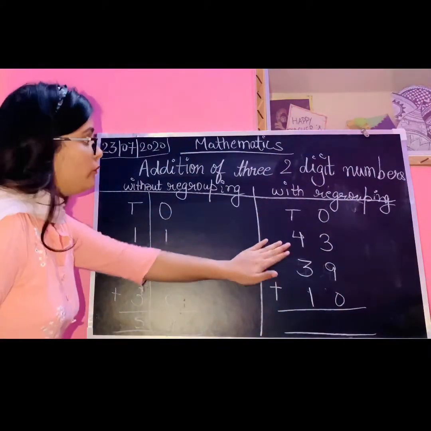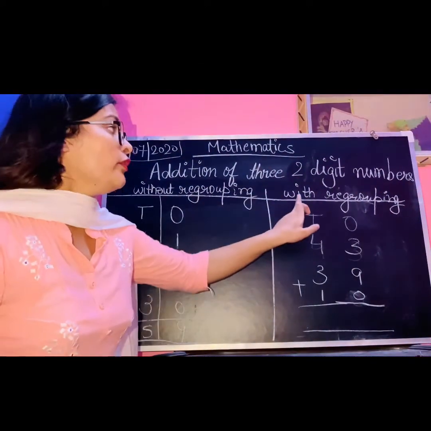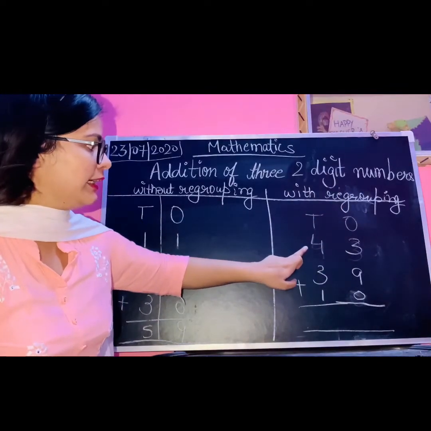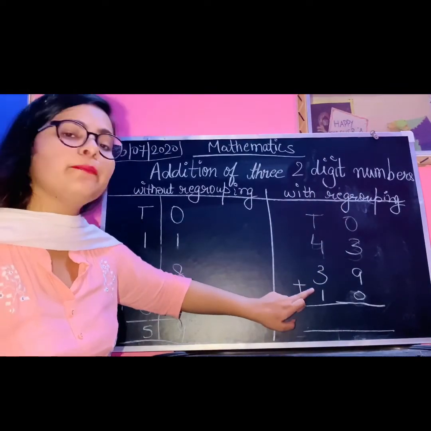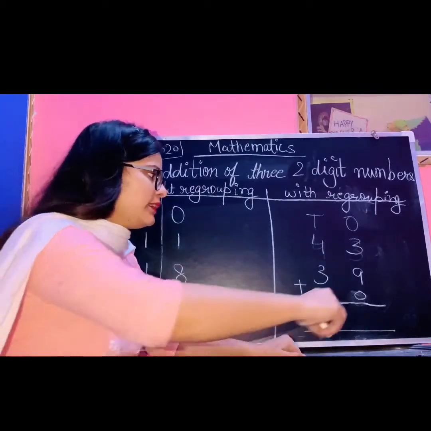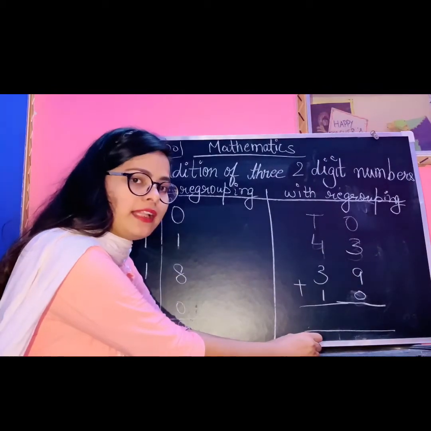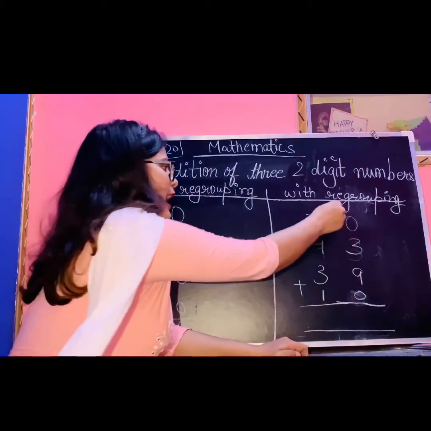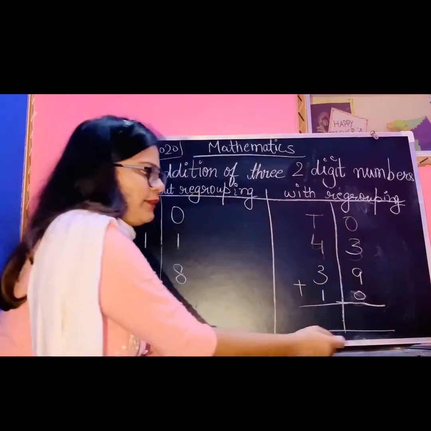Now here with regrouping. So now with regrouping, I have taken here 43 plus 39 plus 10. Now I have to add these 3 numbers. How will I add this? Again I will separate them, means I will add ones separately and tens separately.